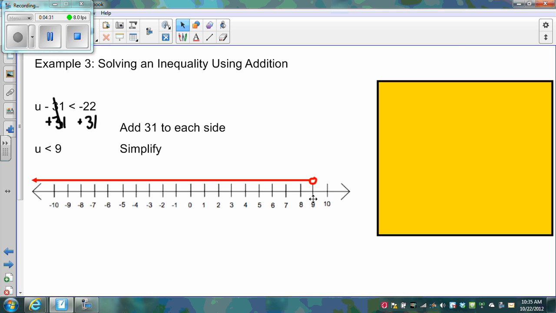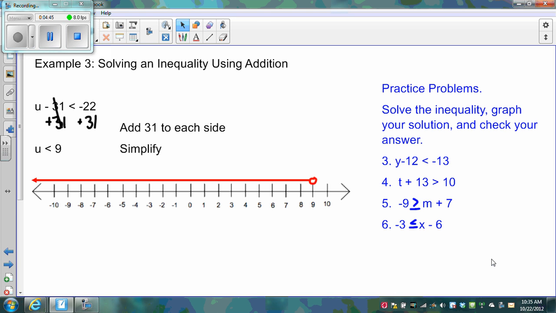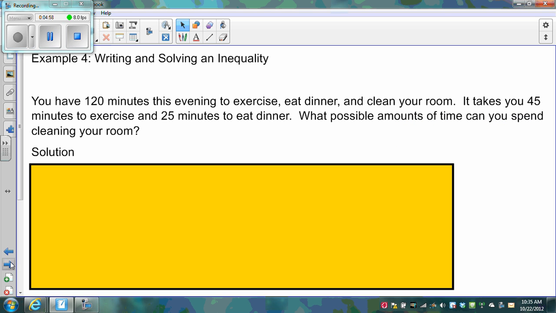We put an open circle over the 9, and since u is less than, we draw it toward the 0 and negative 10 direction, to our left. Try the following 4 problems on your own and bring them with you tomorrow. Make sure to include a number line with this.